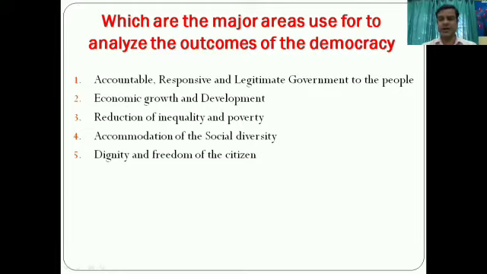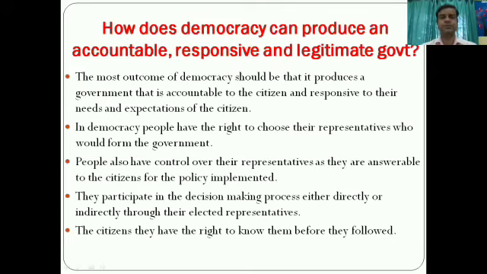Economic growth and development, that government should work for economic growth and development. Reduction of inequality and poverty, this is the more important part. Accommodation of social diversity, and dignity and freedom of citizens, these are the major areas.